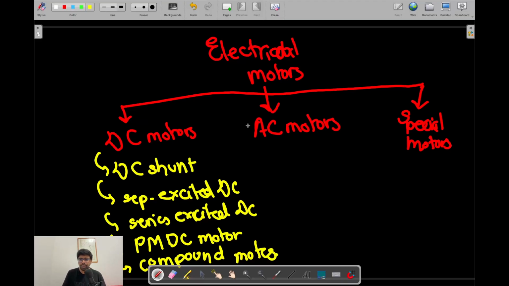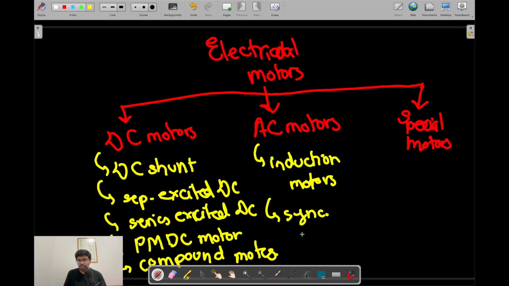Then under the AC motors, you have the induction motors. Induction motors are very widely used in industrial appliances and fans. The ceiling fans are also made of induction motors. And then we have the synchronous motors, which also come under the AC motors.